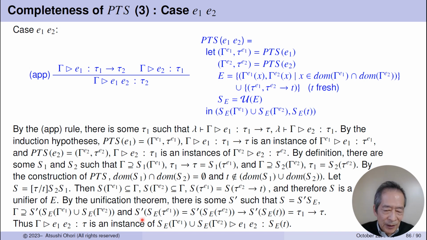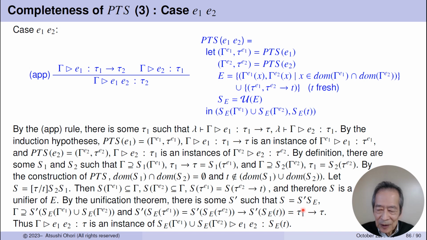And S prime applied to SE of tau E1, which is this type, is equal to S prime applied to SE of type tau E2 arrow S prime applied to SE of T, because of this equation.